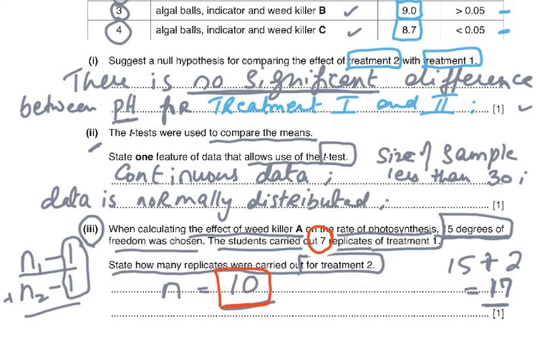So 10 plus 7 would be 17. Please understand this. They have given you that 15 degrees of freedom was used. So 15 plus 2 is 17, and then we had 7. So 17 minus 7, 10 is left. So n is equal to 10.